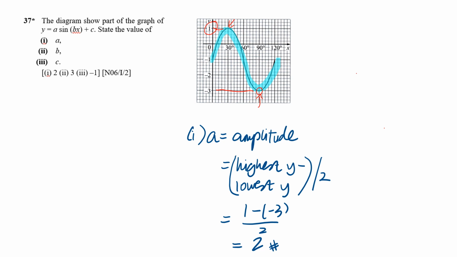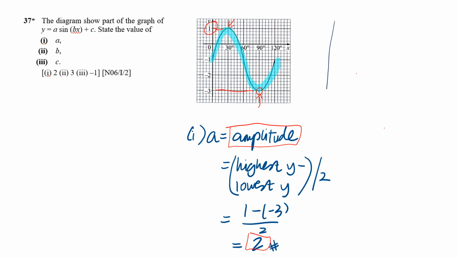Okay, I need to warn you a bit. Amplitude is always a positive value, so amplitude equals 2 if I ask to find amplitude. However, the value of A need not be positive. It can be a negative value depending on the shape of your curve. Here what you're given is an upright sine curve, so therefore A is positive.